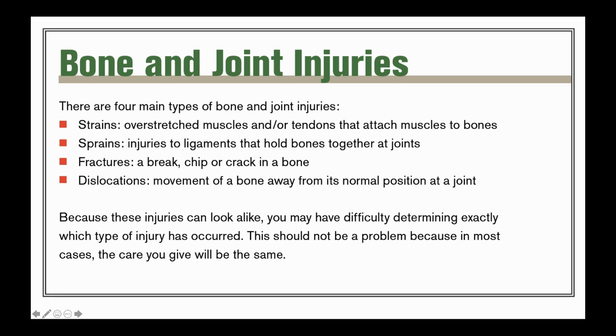With strains, it's overstretching the muscle or tendon. Sprains are when there's an injury to the ligament, which is what's holding the bones and joints together. A fracture is any sort of break, chip, or crack in the bone, and a dislocation is when a joint is out of its normal position.